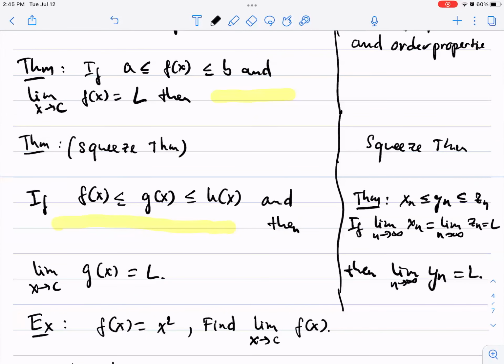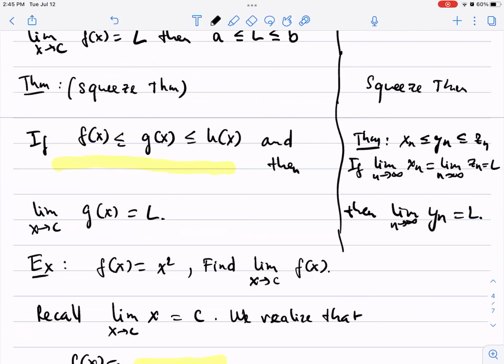The first theorem says that if a is smaller than or equal to f(x) smaller than or equal to b and the limit of f(x) equals L, then immediately the order is carried through to the limit. That is, a is smaller than or equal to L smaller than or equal to b.